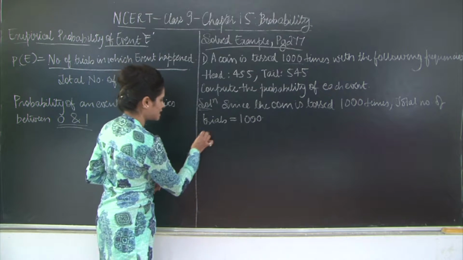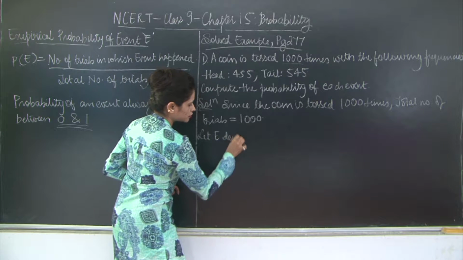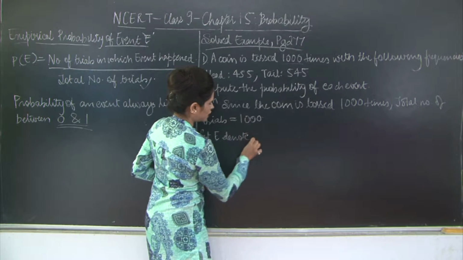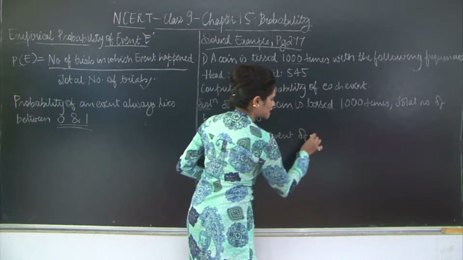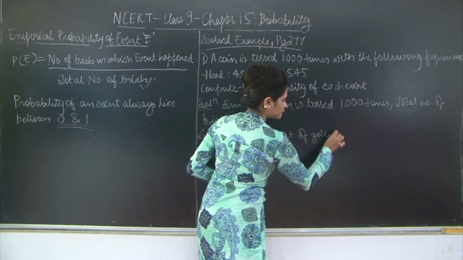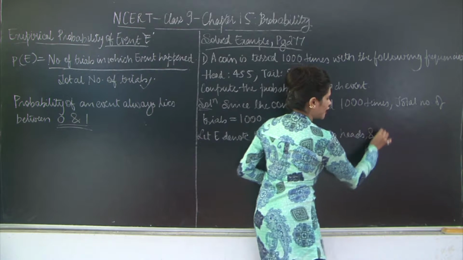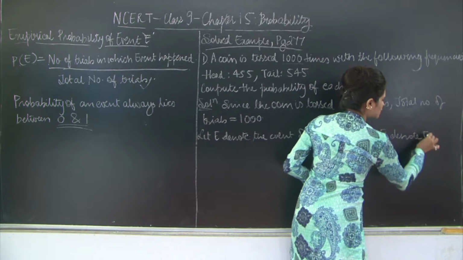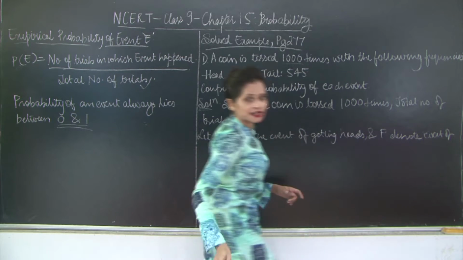So I'll say let E denote the event of getting heads and F denote the event of getting a tail.